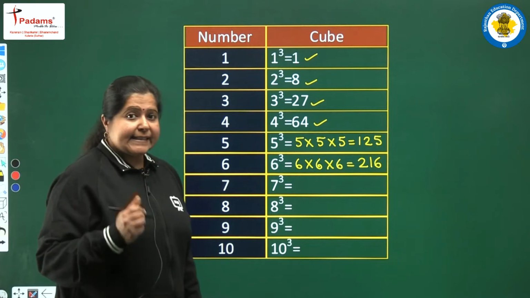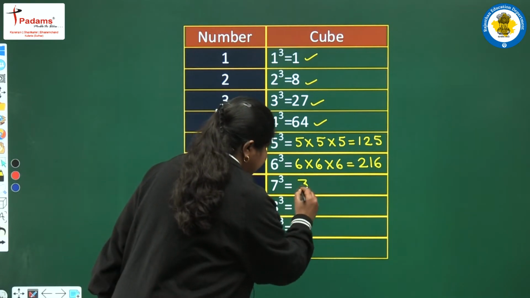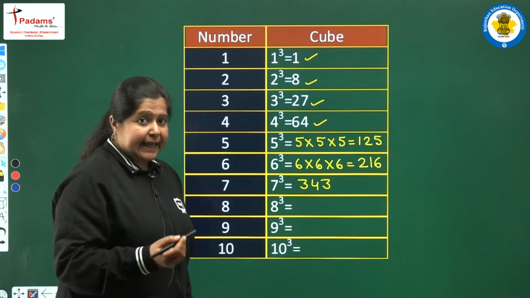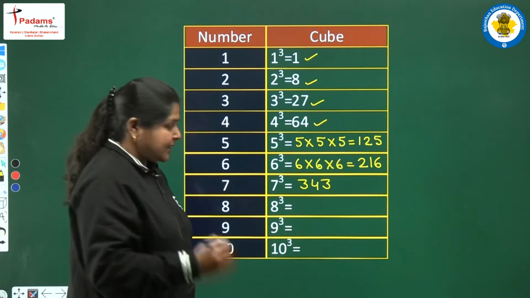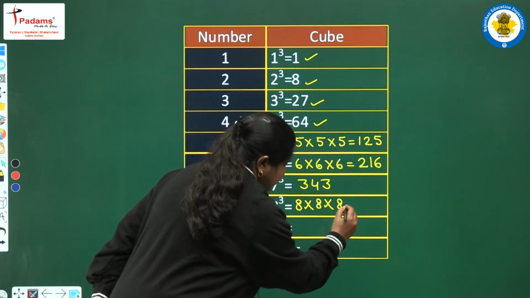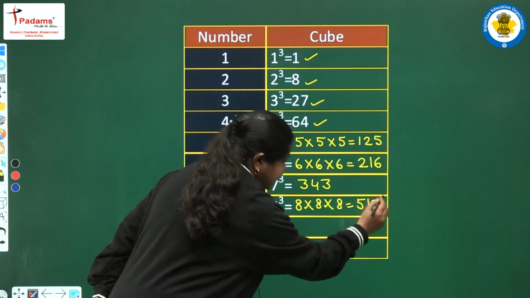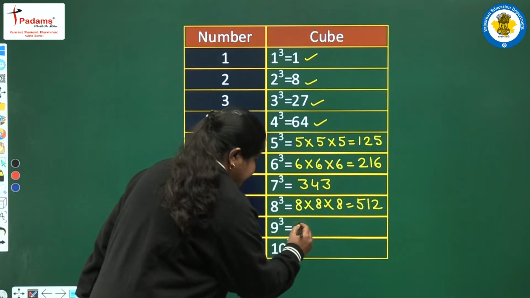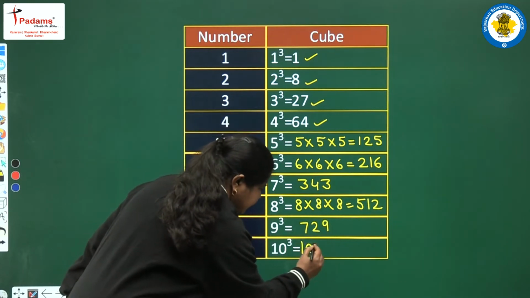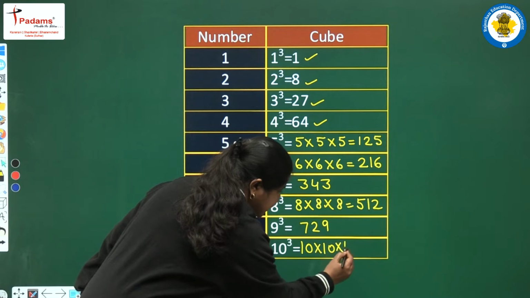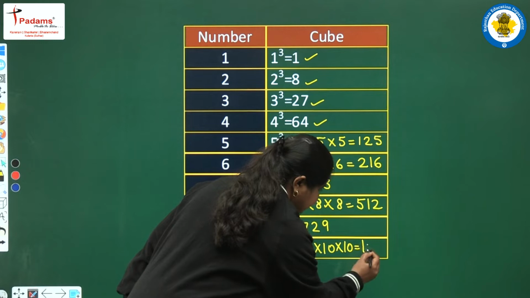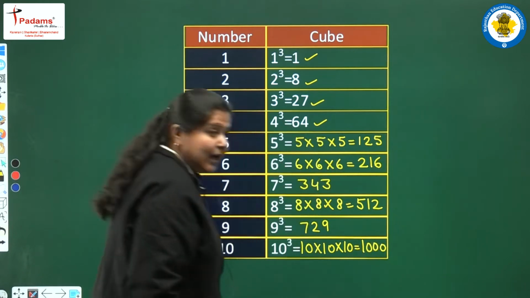Similarly, we can get 7 cube and it is equal to 343. 8 cube, we can multiply 8 by 8 3 times and we will get it equal to 512. Similarly, 9 cube is 729 and 10 cube, 10 multiplied by 10 multiplied by 10. Here we are having 3 zeros and in the end 10 cube is equal to 1000.